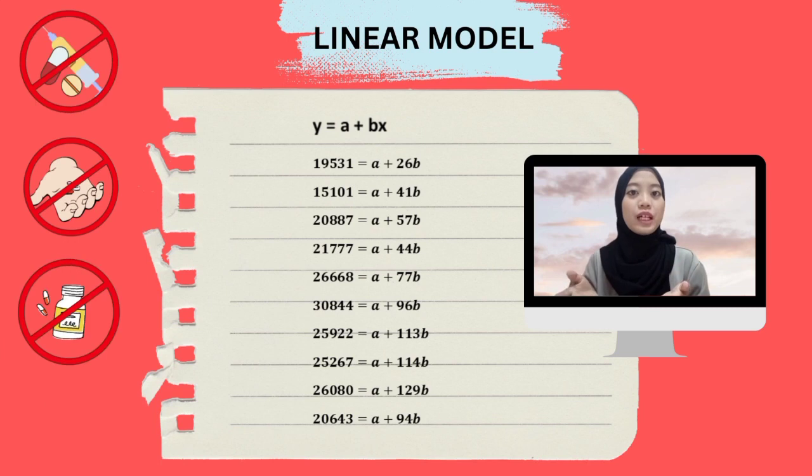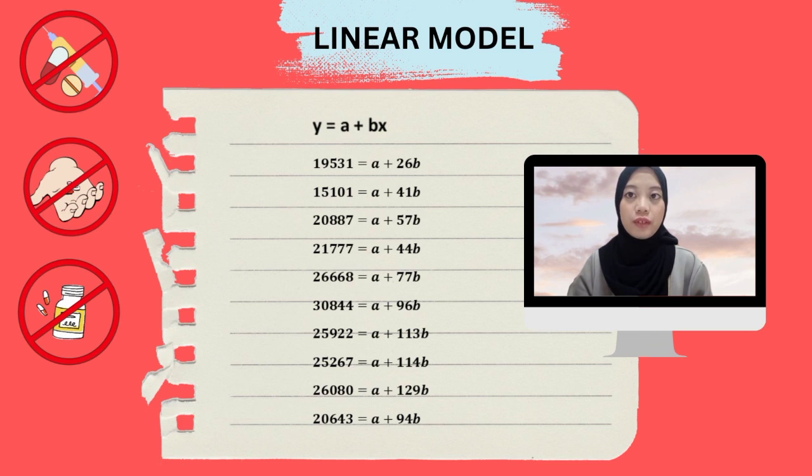Alright, to begin with the linear model, from the data we got before, we can form an equation for the linear model, which is y equal to a plus bx. Y is the number of drug addicts detected in Malaysia, and x is the number of drug addicts detected among the students.